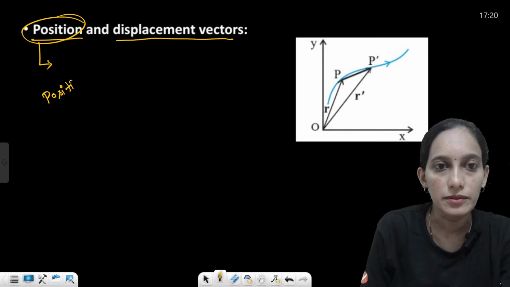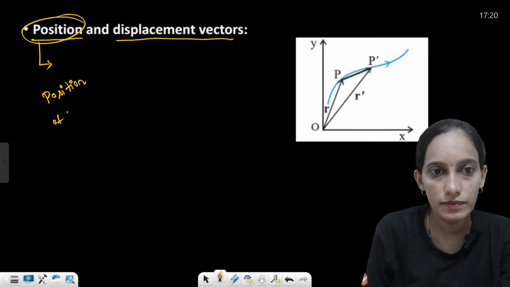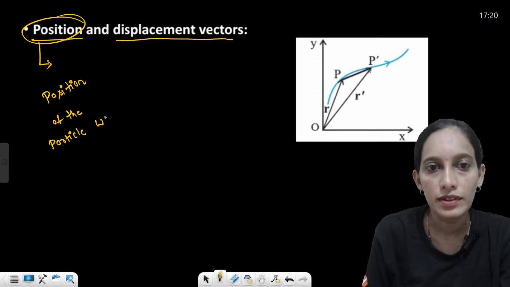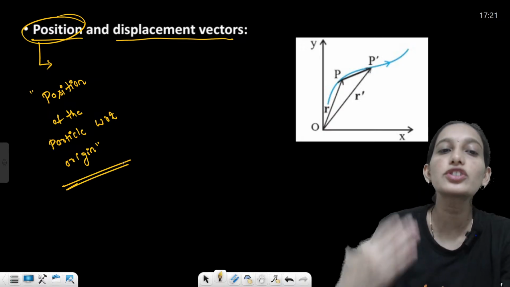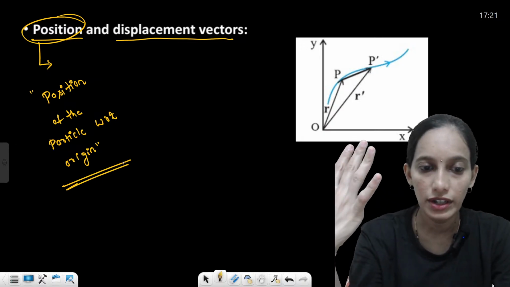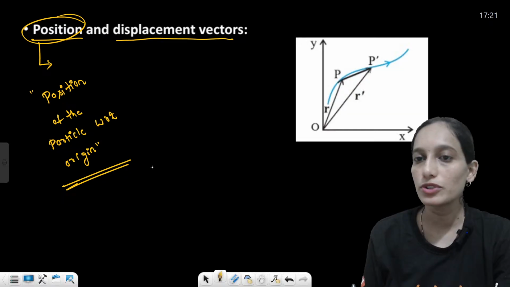That is important. Position of the particle with respect to origin. So a vector which gives the position of the particle with respect to the origin, we call that position vector.